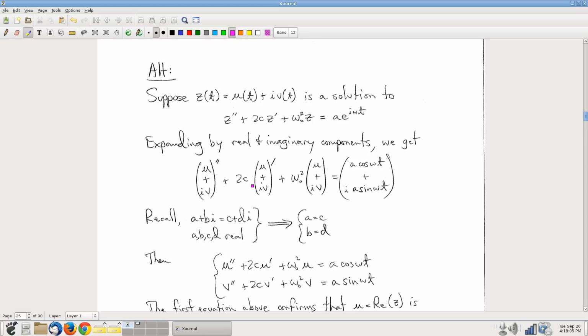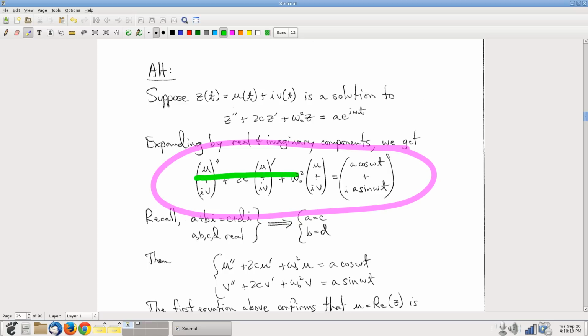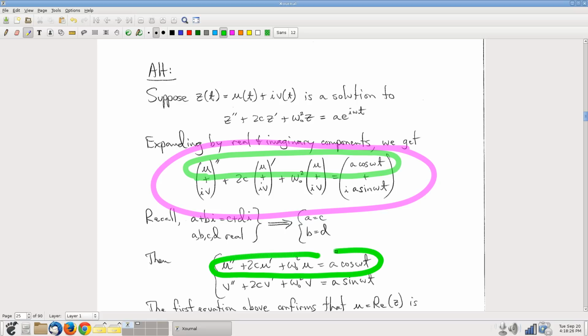Okay. Well, we have a neat fact, and that is that if two complex numbers are equal, then their real components are equal and their imaginary components are equal. And therefore, if this whole differential equation is true, then what you might call the real part of that differential equation is a valid equation, and what you might call the imaginary part of the differential equation is a valid equation.